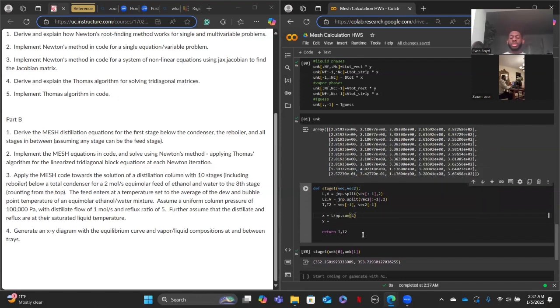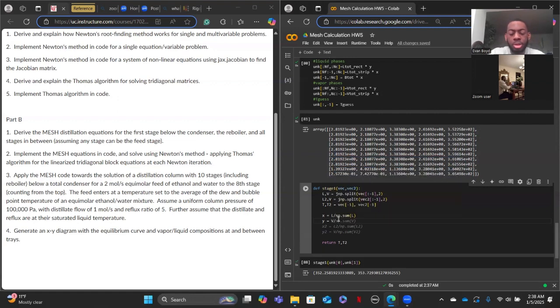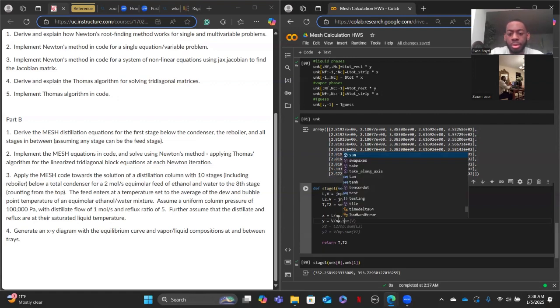And it's the NP sum of the liquid because if you remember, there's liquid for both the two components. So we need to have the sum of both of the two components, and then we divide by the liquid that we're currently using for the volatile liquid. Okay. So that will be our liquid component. And then we do the same thing for the vapor. So vapor should be just vapor divided by NP sum of the vapor. Okay.